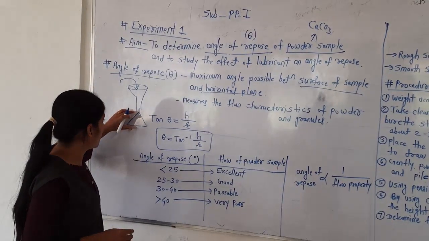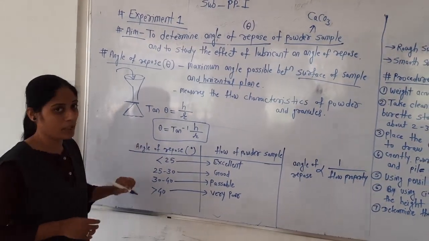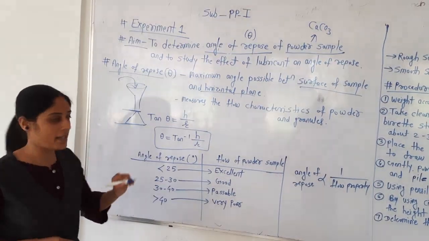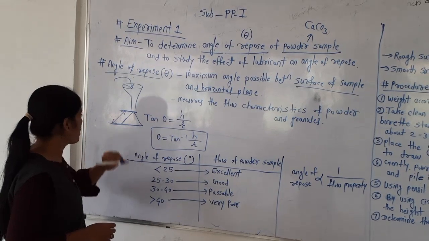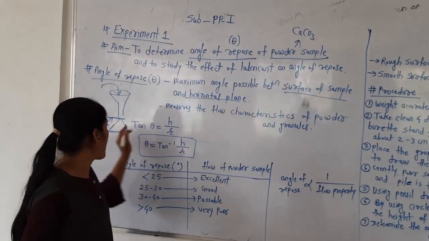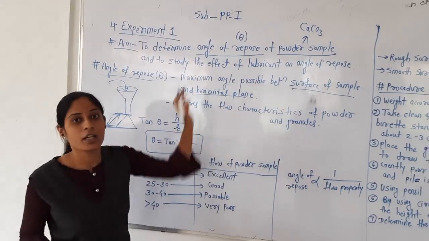This cone-like shape of calcium carbonate powder sample has a surface, and this is the horizontal plane. In between the surface of the powder sample and the horizontal plane, an angle is formed. This maximum angle is called the angle of repose.